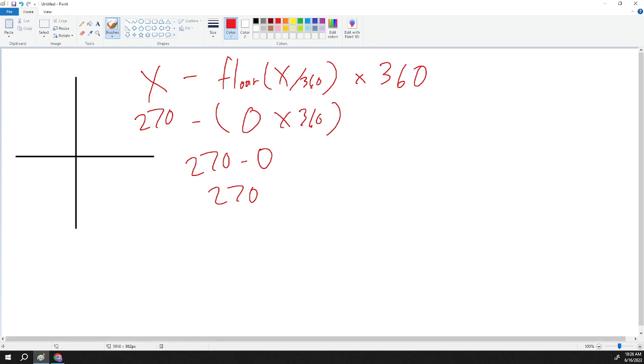Wait, hold on. Garcia is right, because that is the same thing. X minus 360 floor of x over 360. It's the same, it's just like moving this to the other side. You're correct.